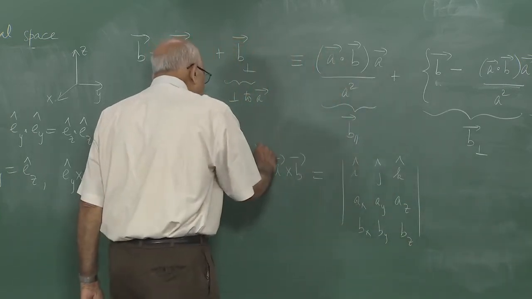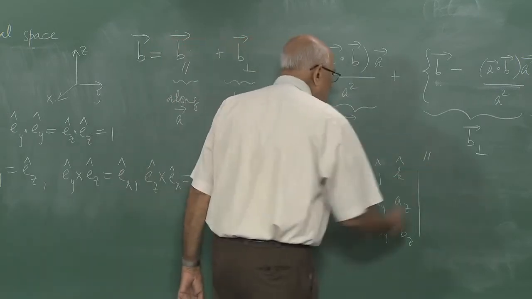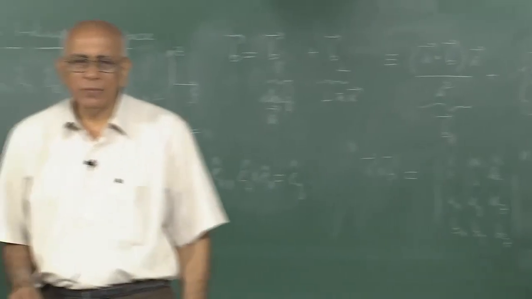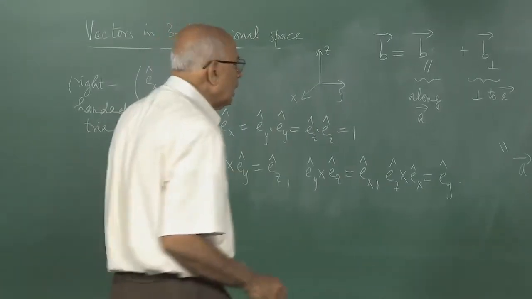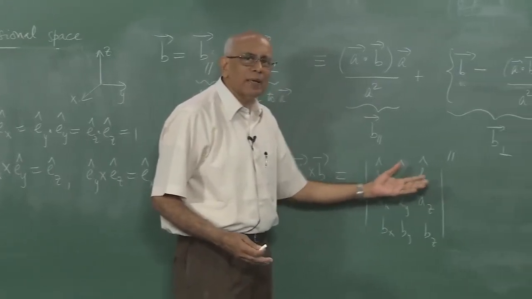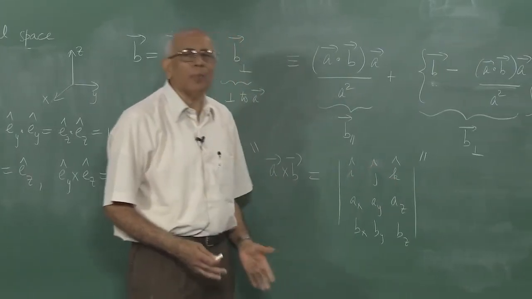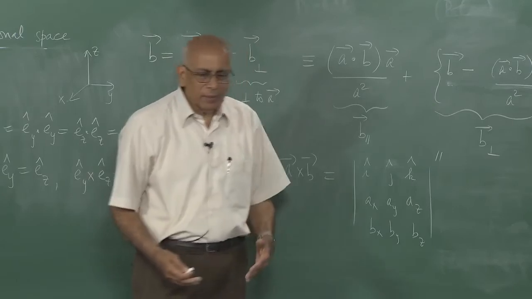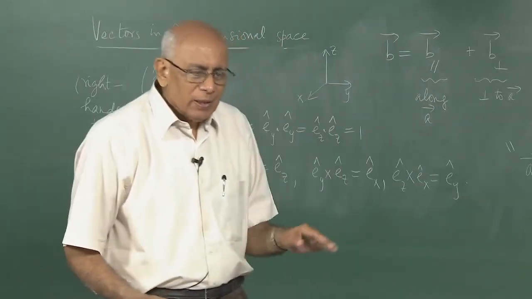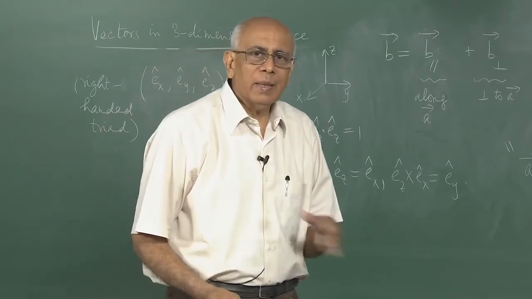I am going to put this in quotation marks because it is not a great idea to write it in this fashion. It is very misleading because you can't have a determinant in which the first row consists of unit vectors and the other 2 rows consist of components of vectors. In a determinant, which is a proper determinant in the correct sense of the word, the nature of all the elements should be exactly the same.